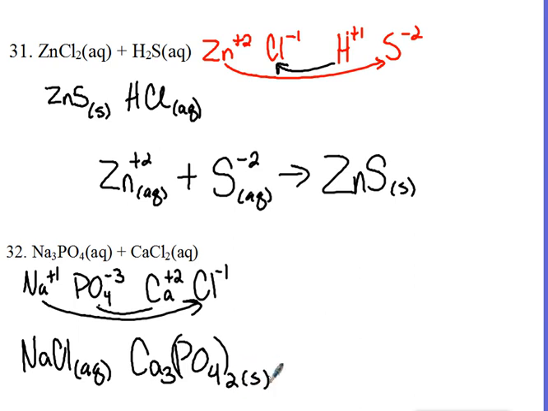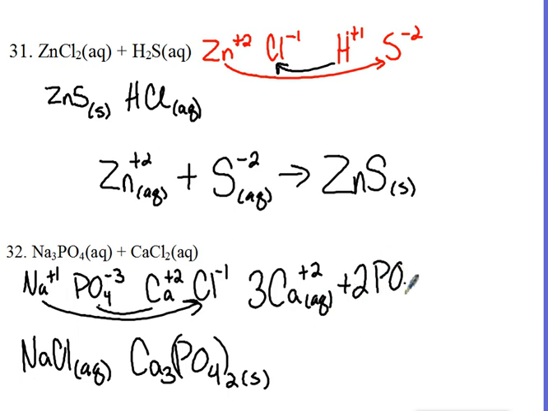That's my solid. My net ionic equation is 3Ca +2 plus 2 PO4 -3 produces Ca3(PO4)2 solid. That is all of our net ionic equations.